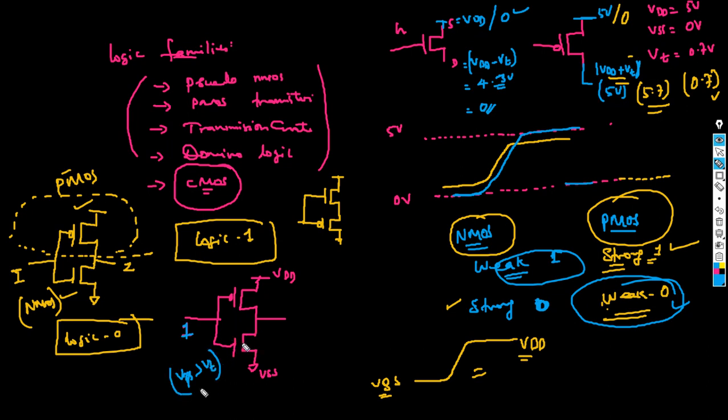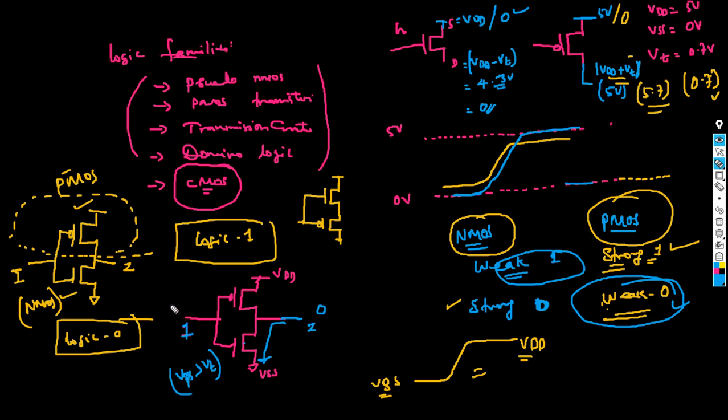Now this node would be completely discharged. So whatever this Z is, it would be completely discharged. What does this mean? Z would be zero potential, because whatever value was stored over here would be completely discharged.